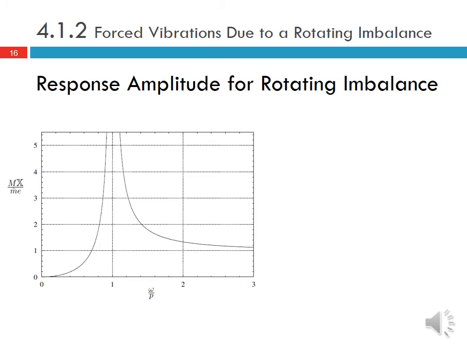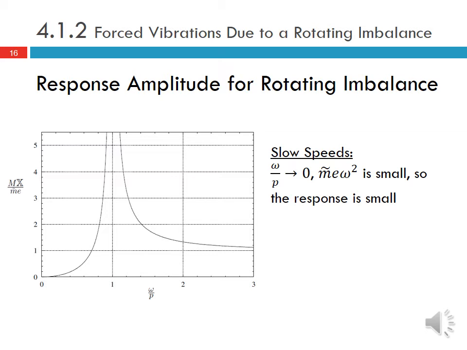And we can plot this response amplitude for the rotating imbalance, and we get this behavior here. So at slow speeds, when omega over p goes to 0, then m e omega squared is small, so the response tends to be small. As omega over p goes to 0, the response actually goes to 0.